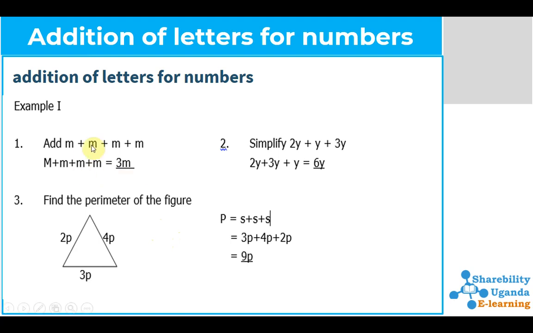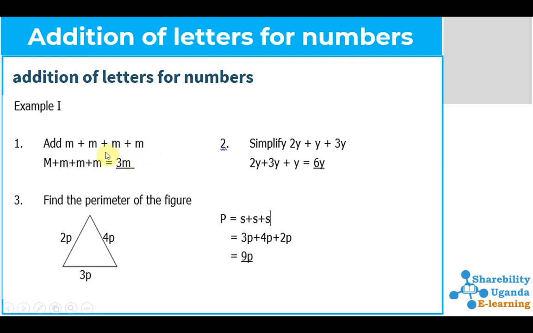Let's try to understand our number 1, where they are telling us to add m plus m plus m plus m. Since these are all letters, all of them are m, they can be added.